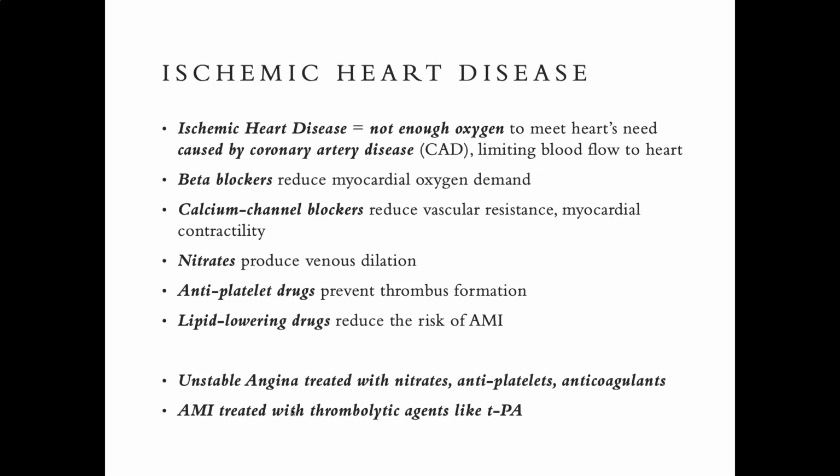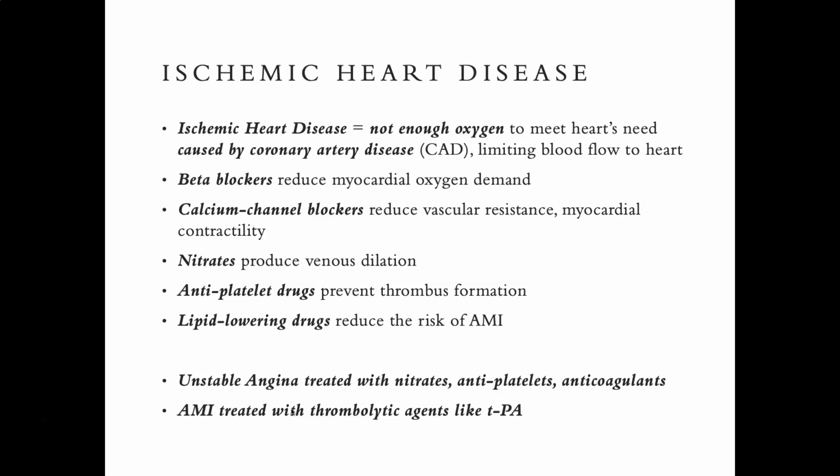Beta blockers reduce myocardial oxygen demand. Calcium channel blockers reduce vascular resistance and myocardial contractility. Nitrates produce venous dilation. Antiplatelet drugs prevent thrombus formation, and lipid-lowering drugs reduce the risk of AMI. What I want you to know off this slide so far is ischemic heart disease.